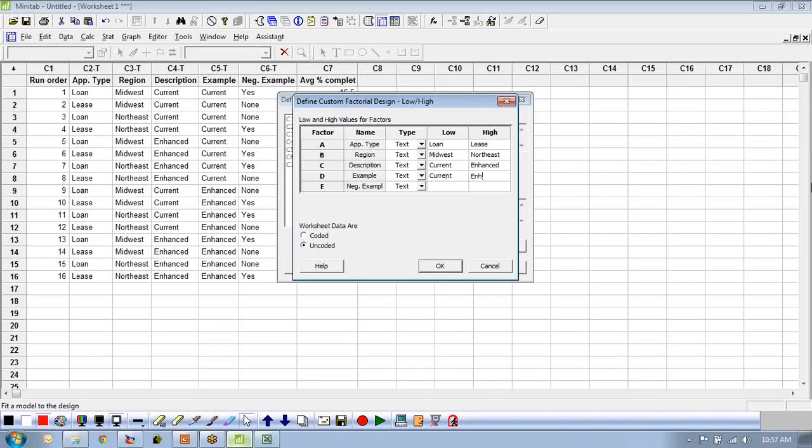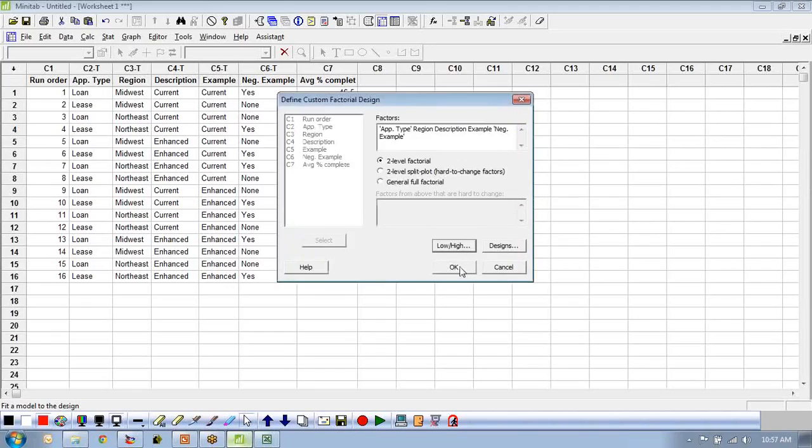High would be enhanced. And negative example, none and yes. Change that one there, not none. None. There we go. And click OK. And now we're ready to rumble.